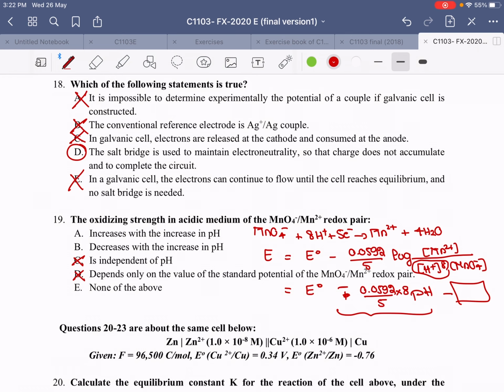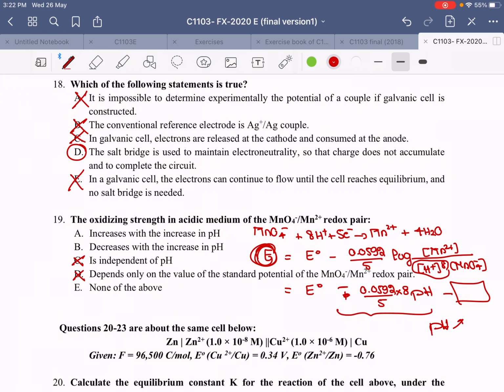Okay, what happens لهيدي ال E when pH increases? When pH increases, هيدي ال E will decrease. يعني the oxidizing strength decreases. Okay, لأنه as E increases, the oxidizing strength increases. انتبهوا, reducing strength عكس.